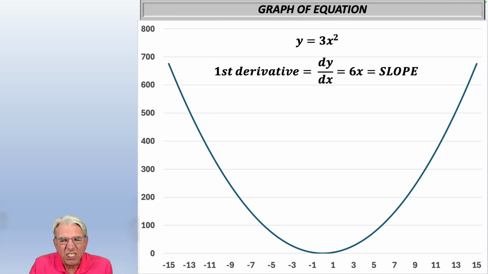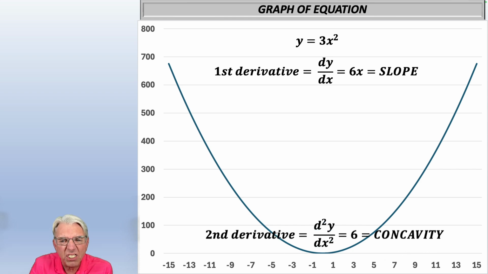So for instance, from here to here, y is increasing and x is increasing, so the slope would definitely be positive there. Over here, y is decreasing, but x is increasing, and so the slope would be negative in that area, okay? You can actually calculate an equation that will tell you what the slope is at any one given point. I'll get to that in just a second.